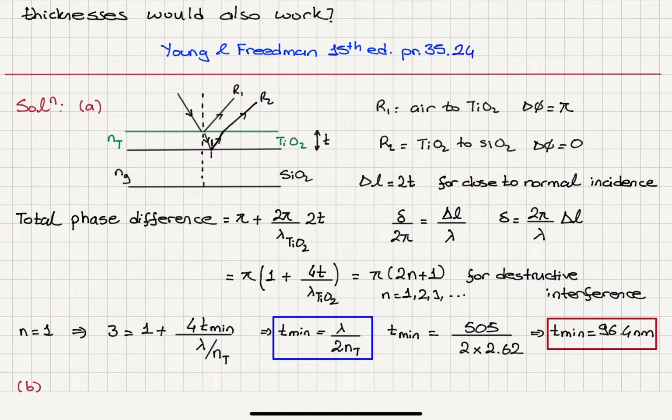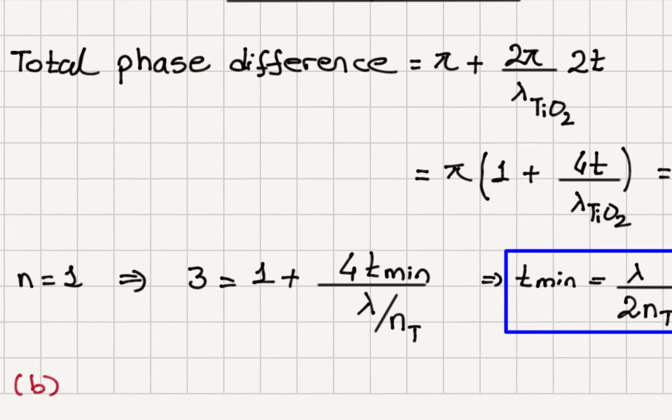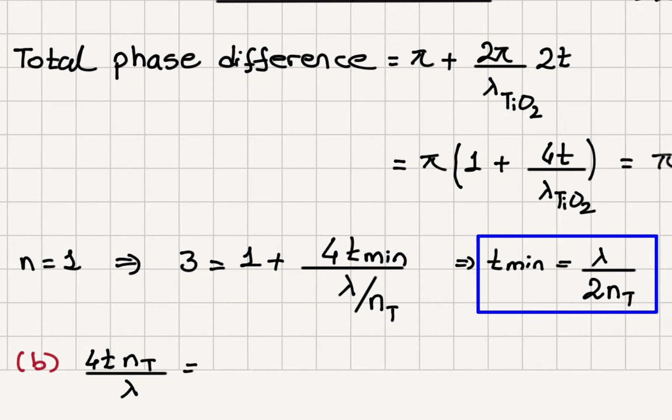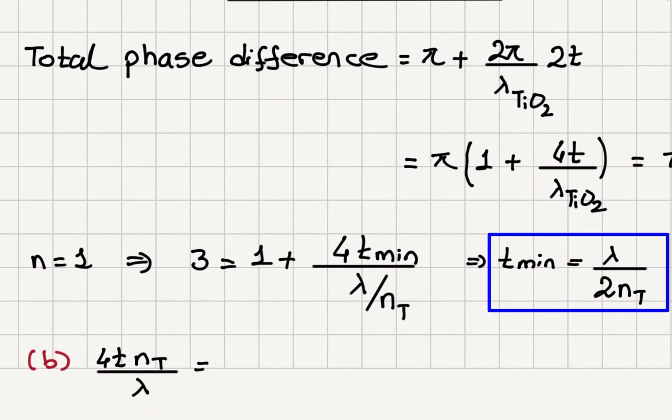In part B, remember that it was suggested this thickness could be too low for wear out, so we might want to try higher thicknesses. So in that case, we will have 4 n_t t divided by lambda equal to 2n plus 1 minus 1, 2n.